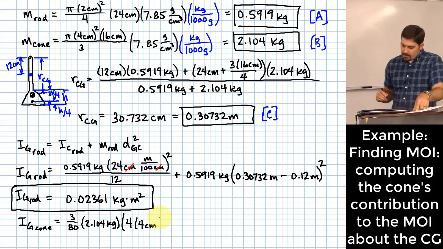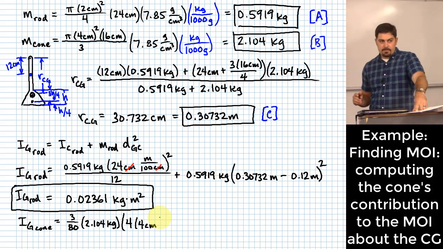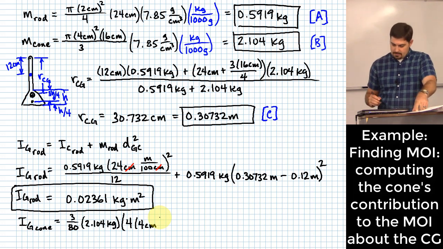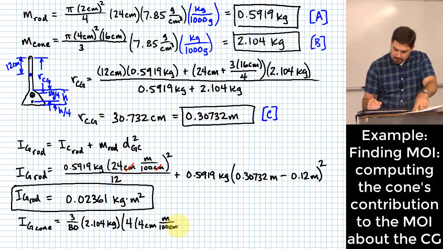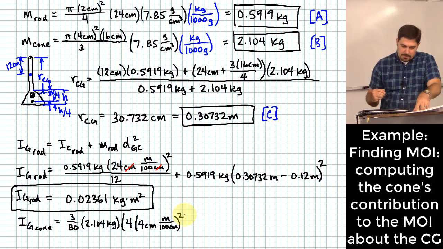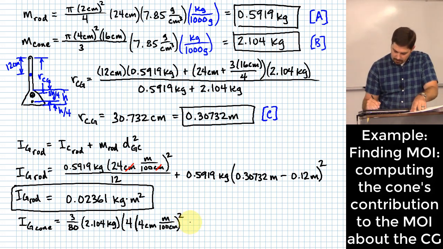Okay, do you think I want to keep that in centimeters? Probably not, so I'm going to take this and multiply by a meter per 100 centimeters. That is going to be squared, plus the h of the cone is 16 centimeters, which I'll also multiply by a meter per 100 centimeters.